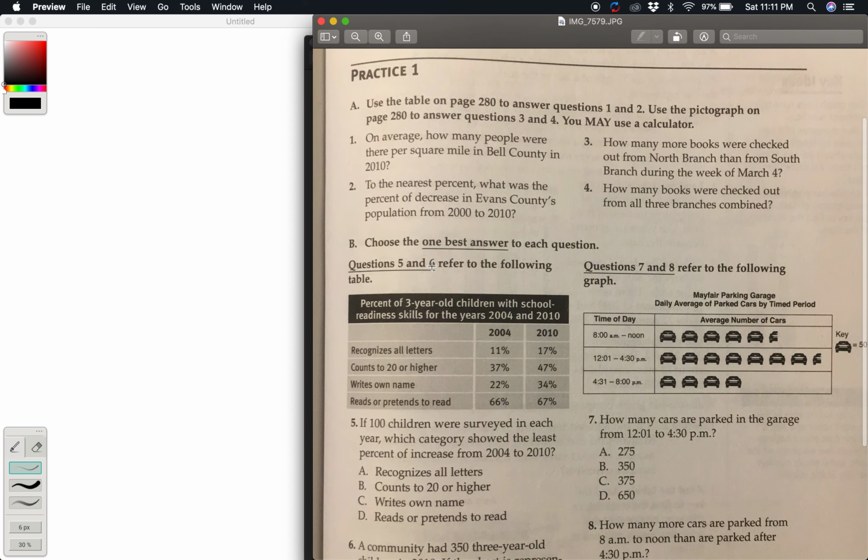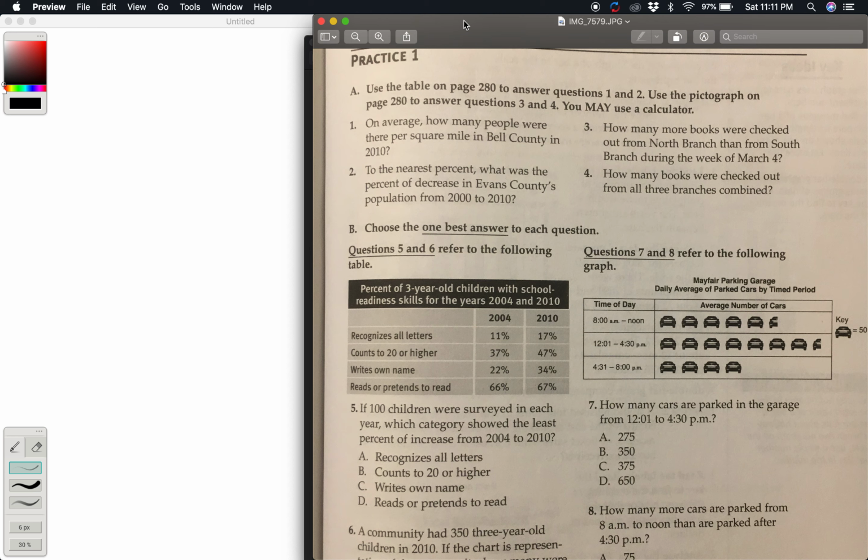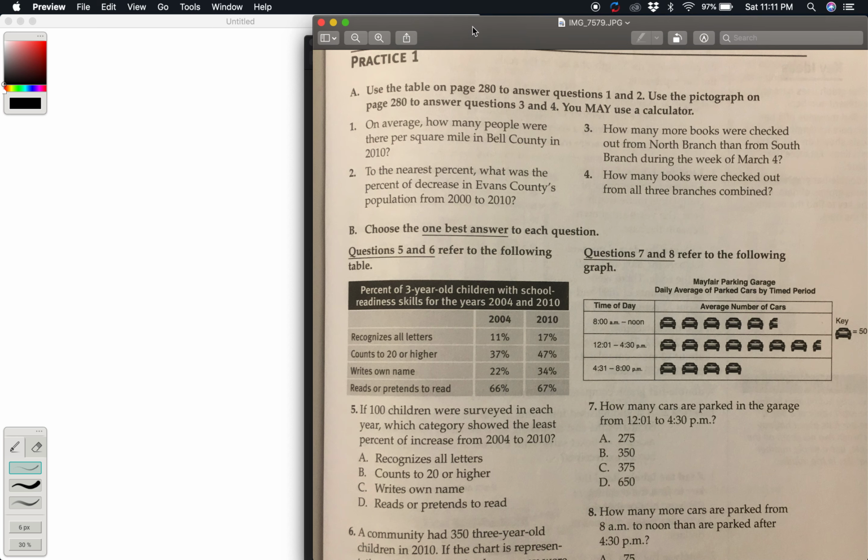So let's do practice number 1 here. Use tables on page 280 to answer questions 1 and 2. Use the pictograph on page 280 to answer questions 3 and 4.